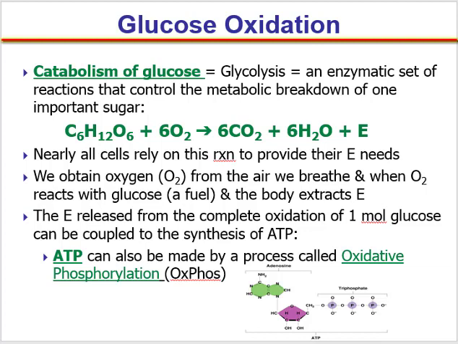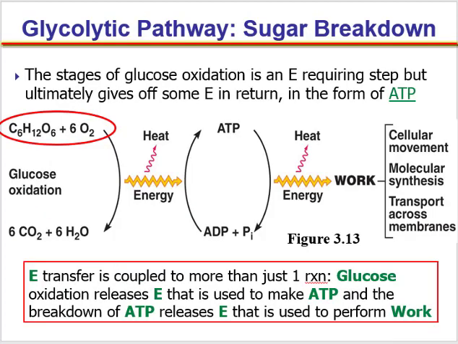Glycolysis can be seen as the general chemical equation here. Glucose, our 6-carbon sugar, combined with 6 oxygens, will produce CO2, water, and ATP energy in a balanced chemical equation. So here we can see the stepwise cycle of glucose breakdown, which is the first step in gaining universal energy in the form of ATP.